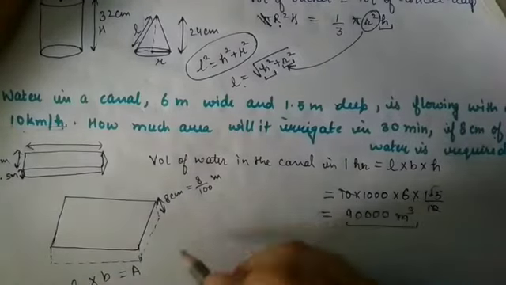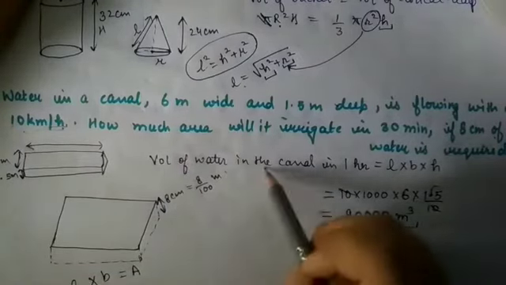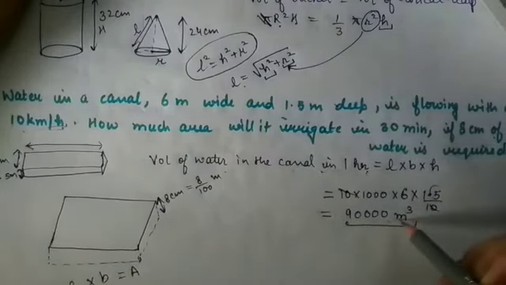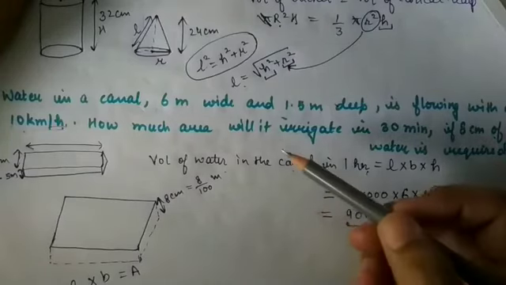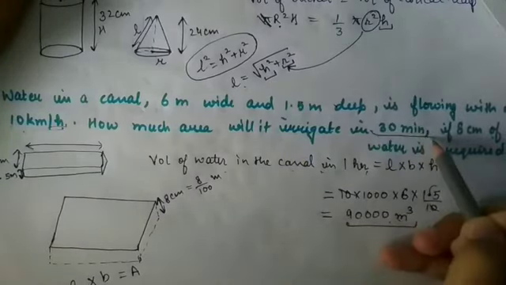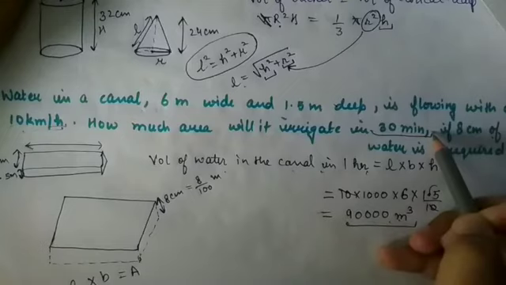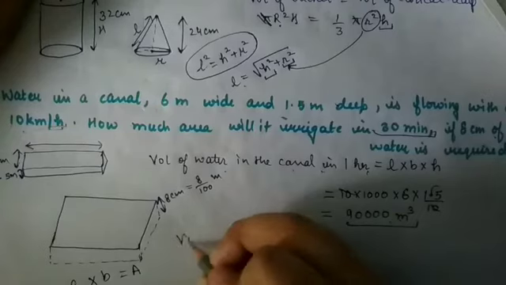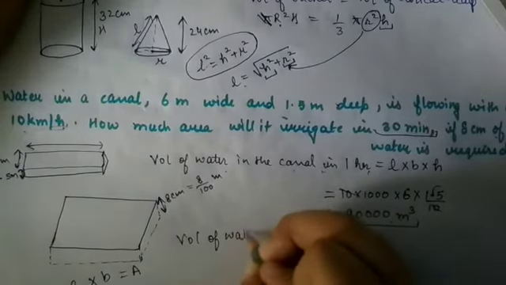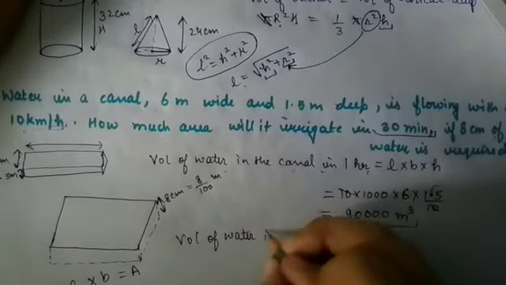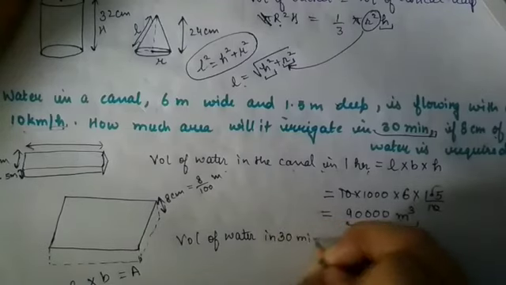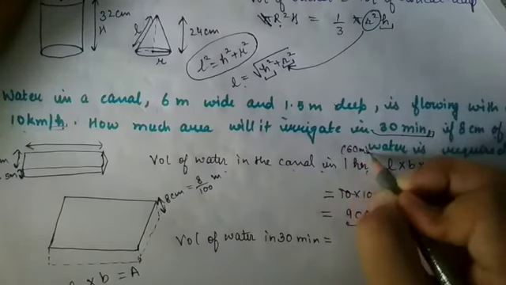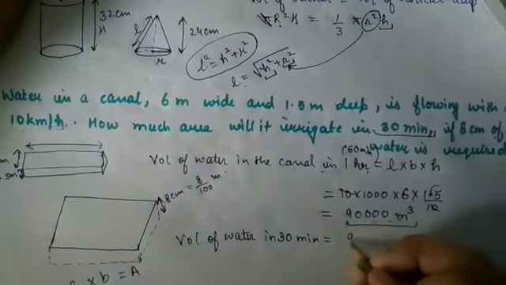Now if volume of water in a canal in 1 hour is 90,000 meter cube, then how much volume of water will be there in 30 minutes? We have to find out volume of water in 30 minutes so that we can find out the area that is irrigated in 30 minutes. So volume of water in 30 minutes: in 1 hour, which means 60 minutes, it is 90,000.